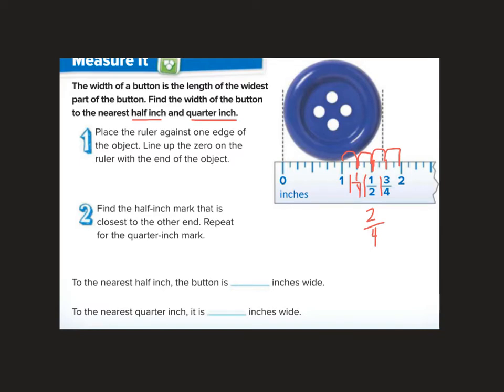So if we're looking at what is this number, what is this measurement to the nearest quarter inch, or let's do ½ inch first. Okay, so that means we're going to say, is it closer to 1½ or is it closer to 2 inches? So when we're talking nearest ½ inch, we're talking wholes and halves, right?